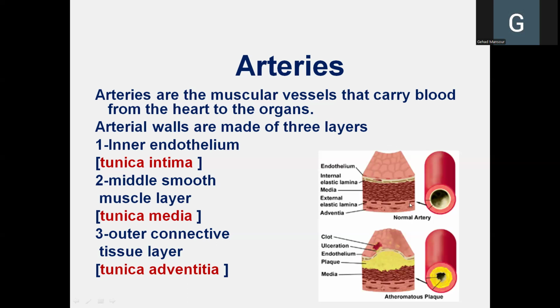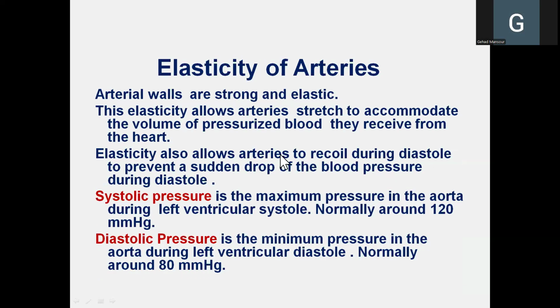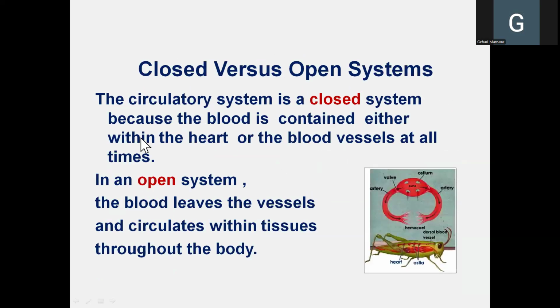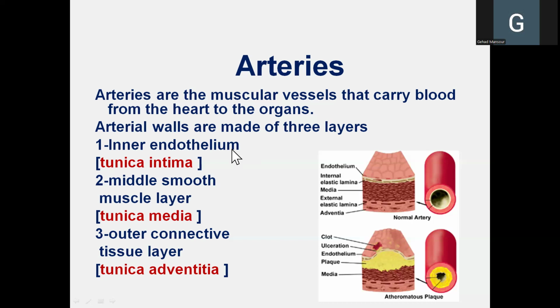Because this is the wall, as you can see, we have cut out a wedge-shaped part of the wall of the artery, and the tunica intima is in direct contact with the lumen of the artery that contains blood. This tunica intima is made of one layer of endothelial cells, so we can call it inner endothelium.